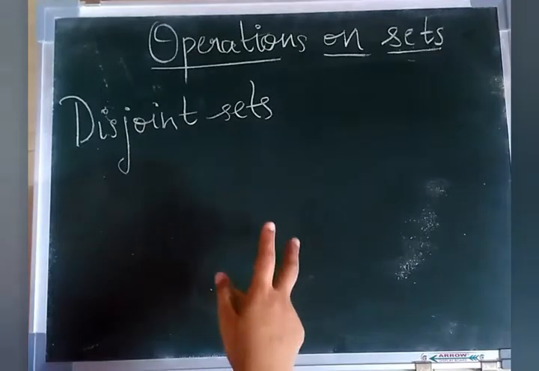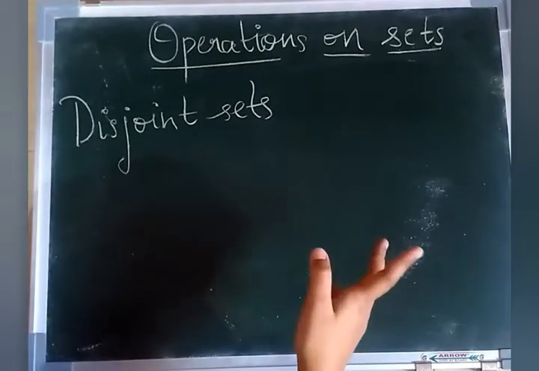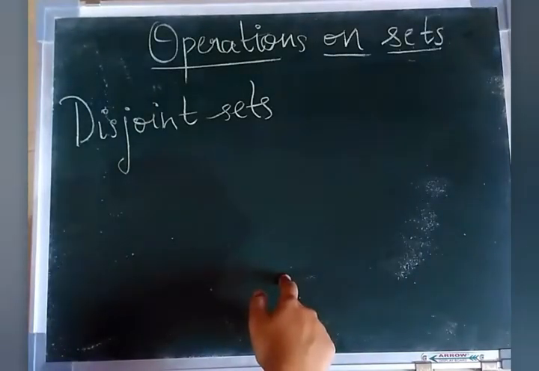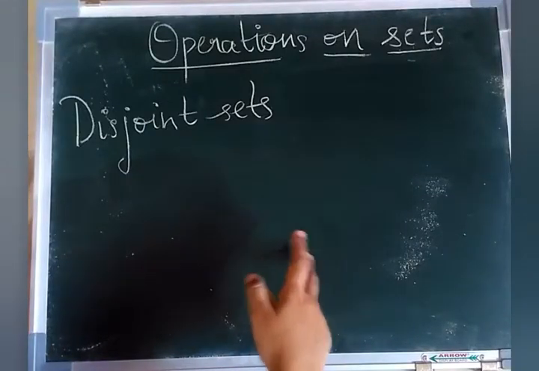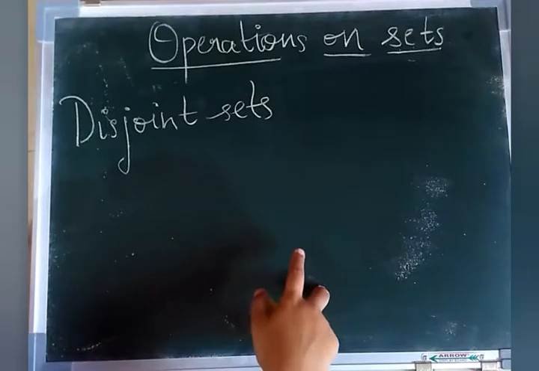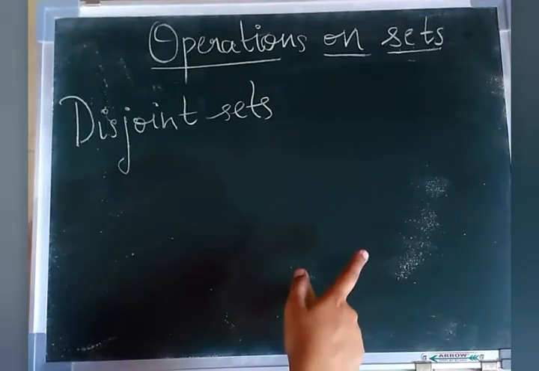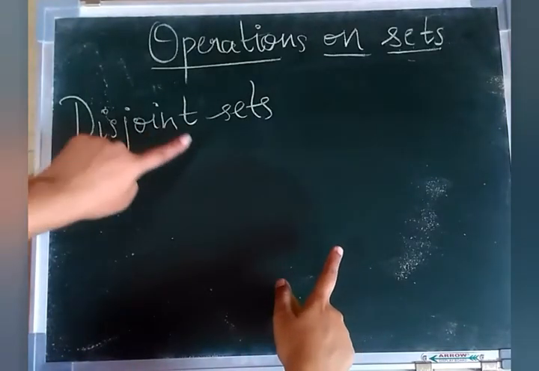If you notice, we just discussed the intersection of two different sets, but we may come across a situation where we don't find any elements common to both the sets. That means there is not a single element which is common to A and B. Then those types of sets we call disjoint sets.